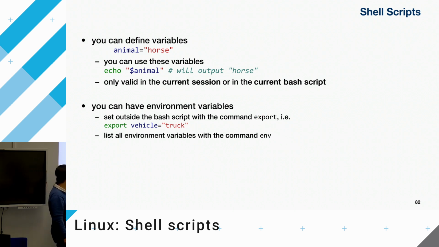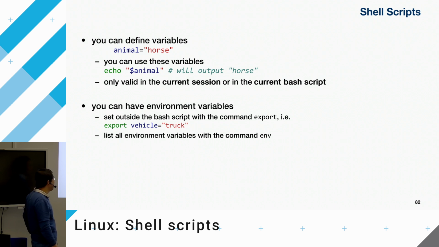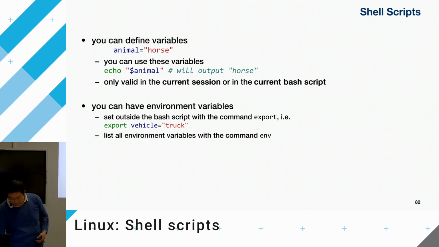Then this environment variable vehicle becomes available to all the bash scripts you are going to run, and also for your current session. You can also list all the existing environment variables by using the command env, which is short for environment variables.